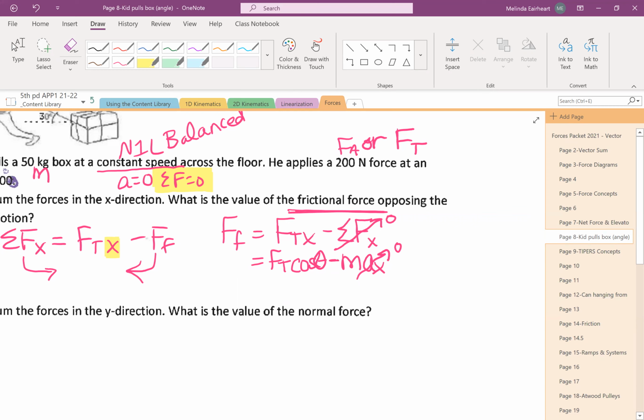So always reevaluate, look at where the angle is adjacent to. And so now we can plug in our numbers, 200 times cosine 30. This is going to be our frictional force. And someone grab a calculator. What is 200 times cosine 30?